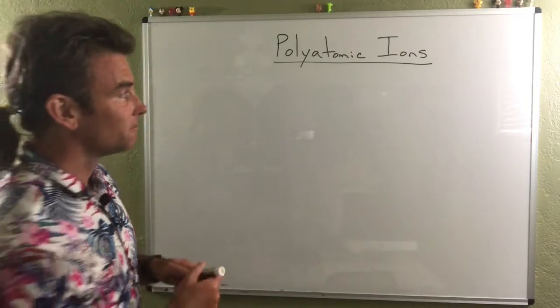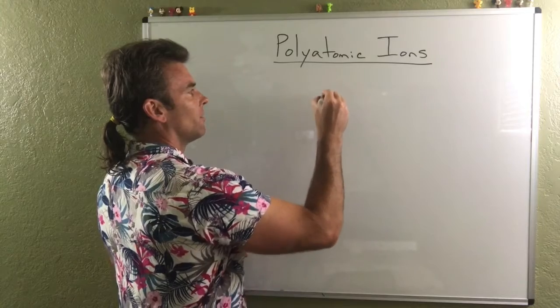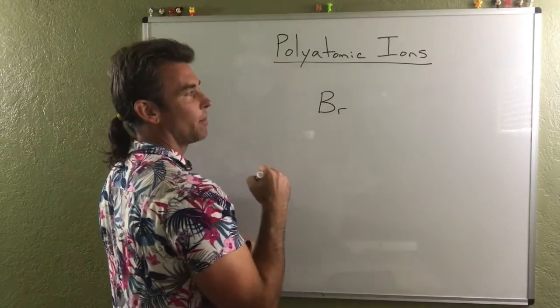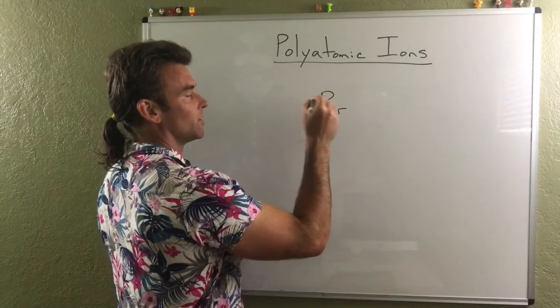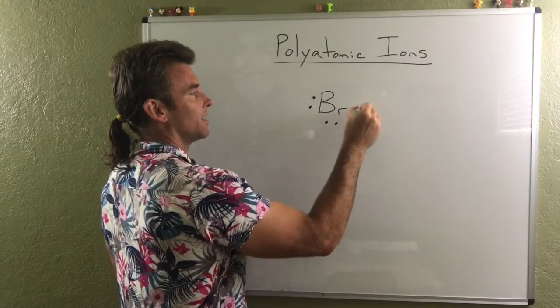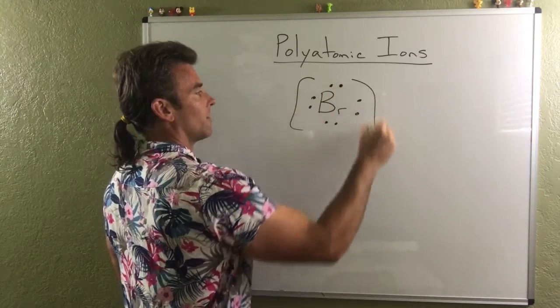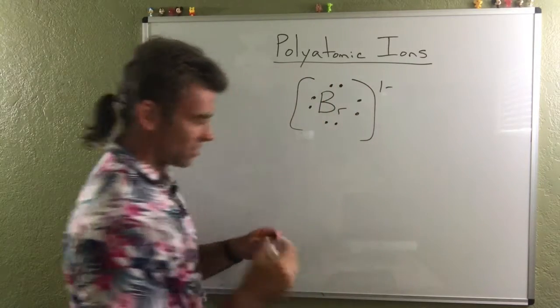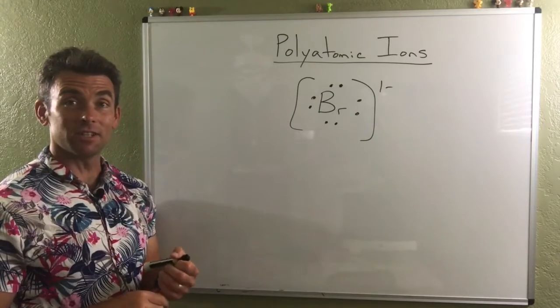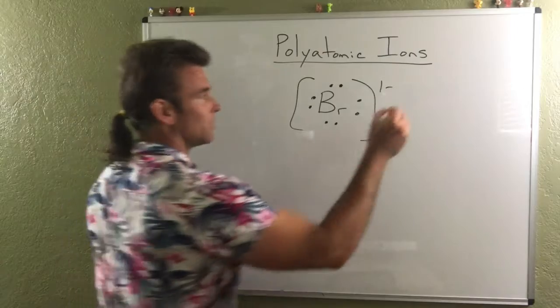So for instance, let's just pick out, say, bromine, right? Well, bromine is not polyatomic. Bromine is just its own thing, right? We could put in a Br minus here, put a jacket around it, put a 1 minus charge on it, and it turns out that's just what's called a simple anion, right?